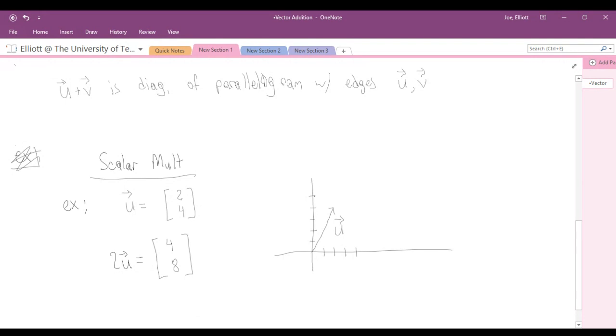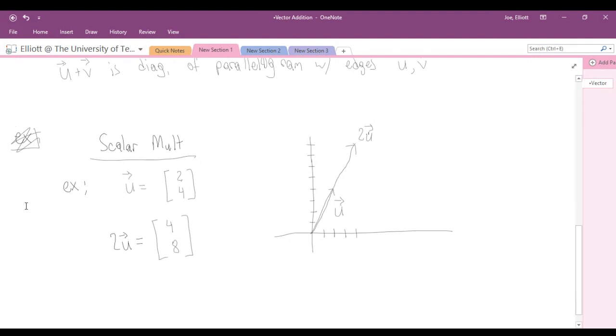If you were to plot the vector 2u in the picture, you would find that 2u points in the same direction as u, but it's twice the length. Okay. So visually, when you multiply a vector by 2, it doubles in length.